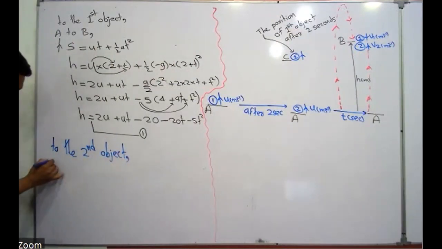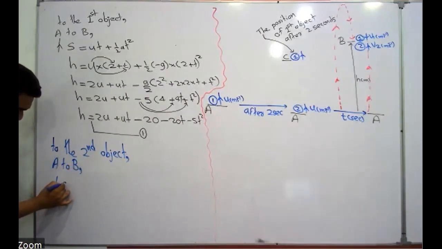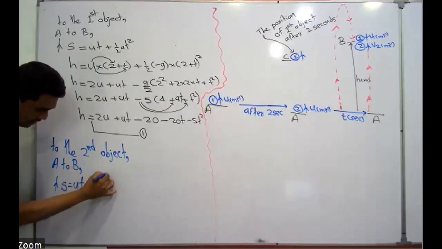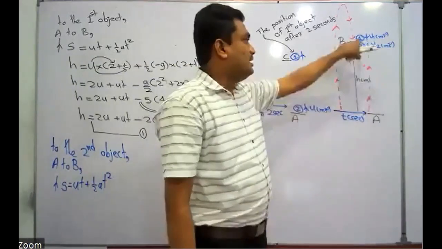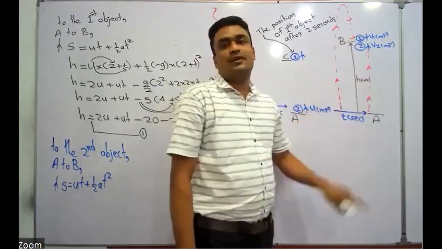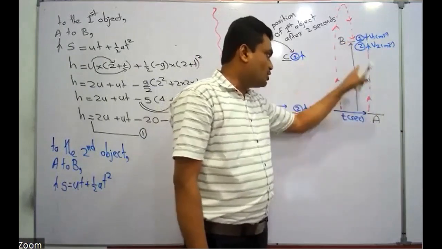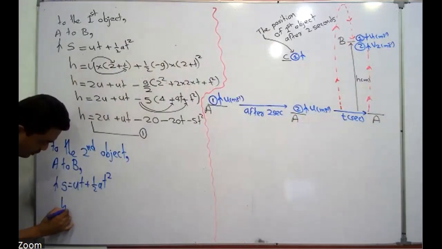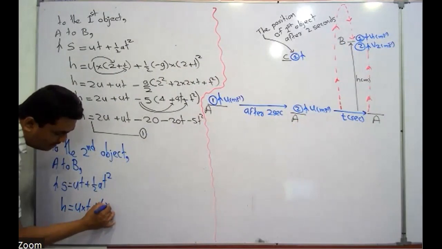Now let us apply this to the second object, A to B, vertically upward: s equals ut plus half at square. When the second object reaches B, it is also at a height of h meters, so the displacement of the second object is also h. Its velocity is u, time is t, plus half.